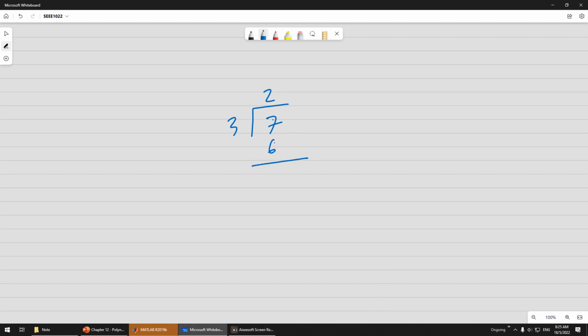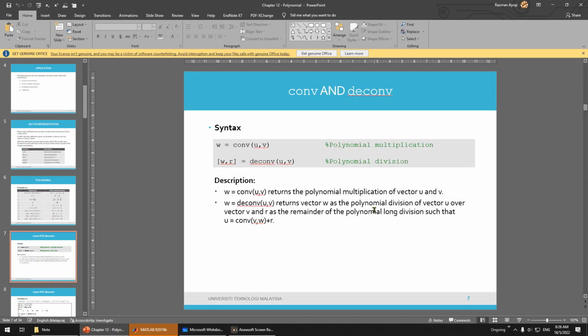You have a remainder of 1. So when you want to write this, it is just 2 plus 1 over 3. The 1 is from the remainder, and 3 is just the divider. That is what is meant by this sentence, so no need to worry, I will show you later.